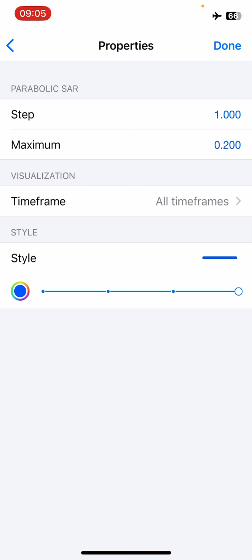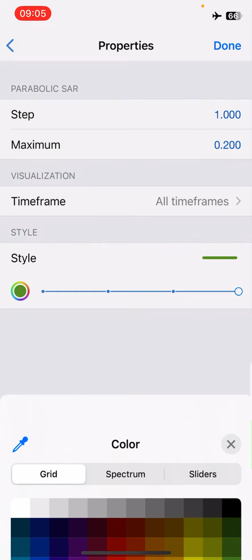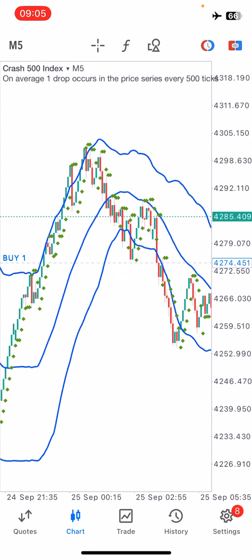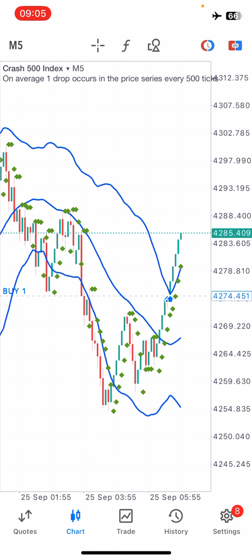We've got a step of 1.000, a maximum of 0.200, and you can allow it to appear on all time frames. I'll change the color to maybe a green color. Okay, and I'll click done, and as you can see, we now have those parabolic SAR dots right around our charts, our candlesticks on top and below.